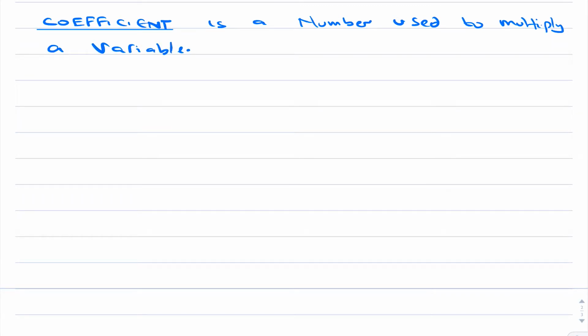Coefficient. A coefficient is a number used to multiply a variable. Or you could say it's a number in front of a variable. For example, I'm going to draw a small table.